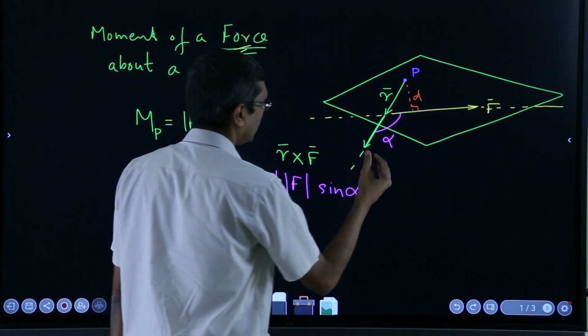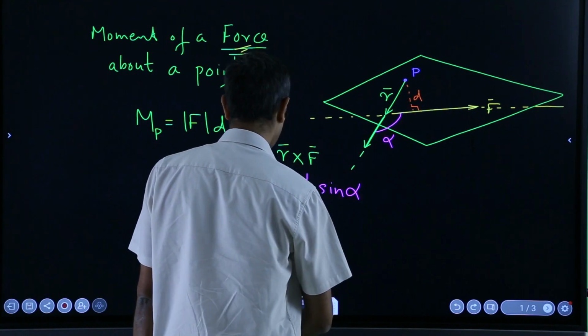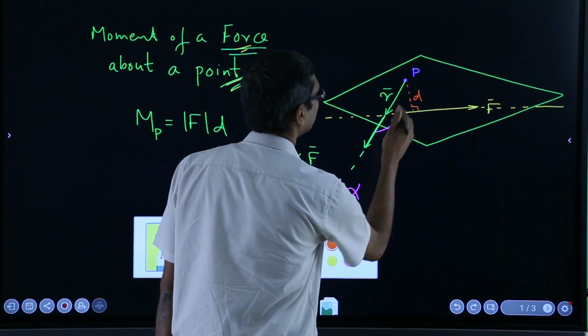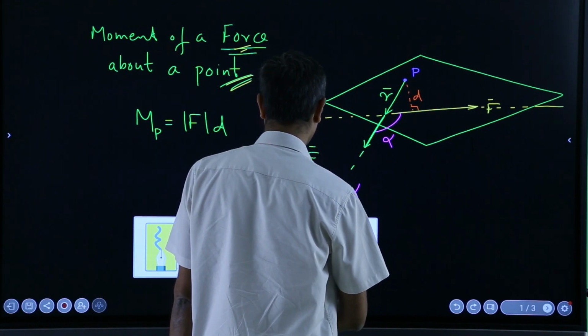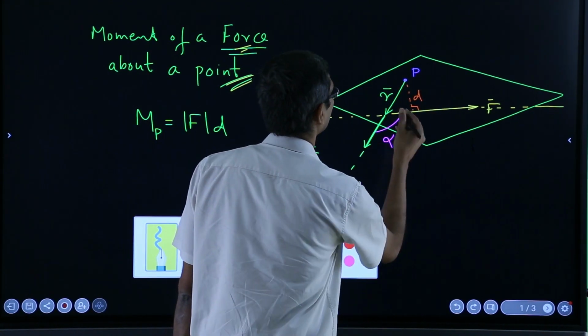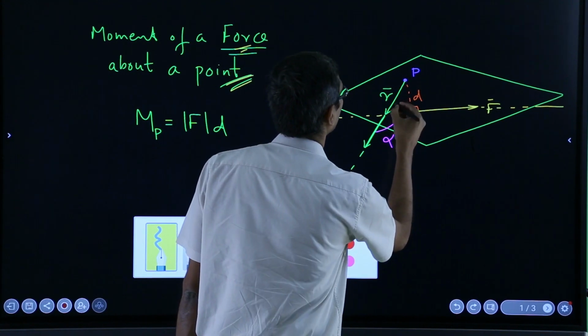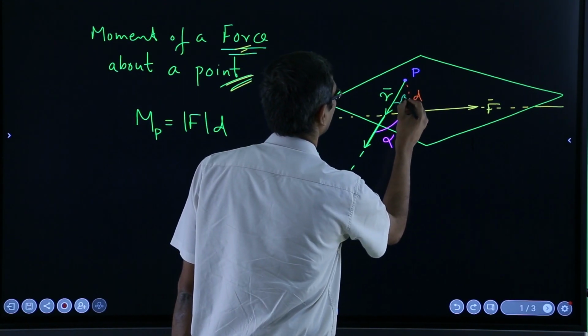But if this is alpha, then this angle is beta.